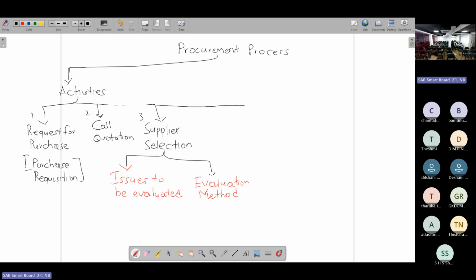One, supplier selection. Fourth one. What's the fourth one? Confirm the order. For that, what's the document we are using? PO, purchase order.